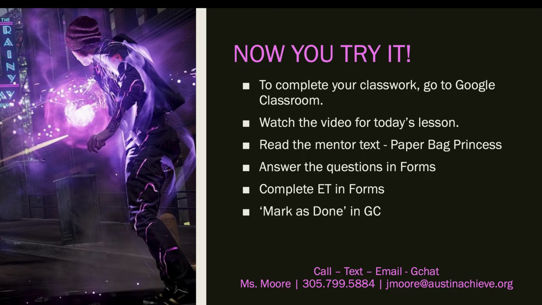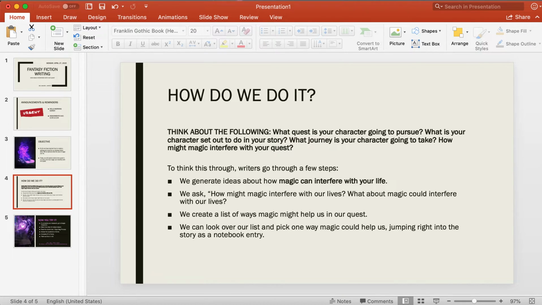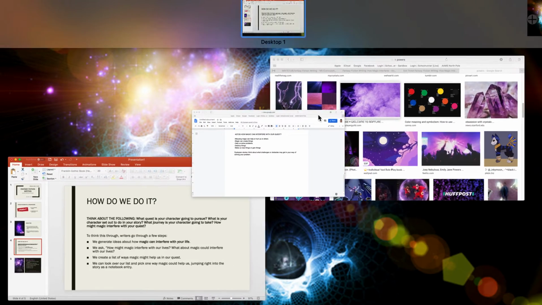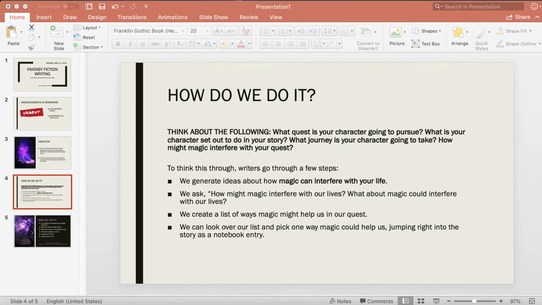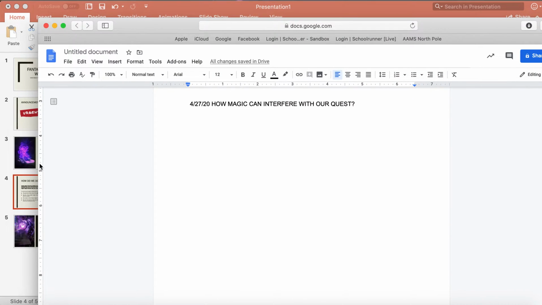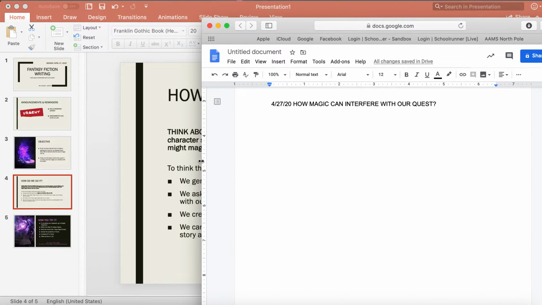So writers, let me back up. I'm going to try this. I'm going to model this for you. Let's see if I can get to my notes here. So to go through this thinking, I want to think about the quest.